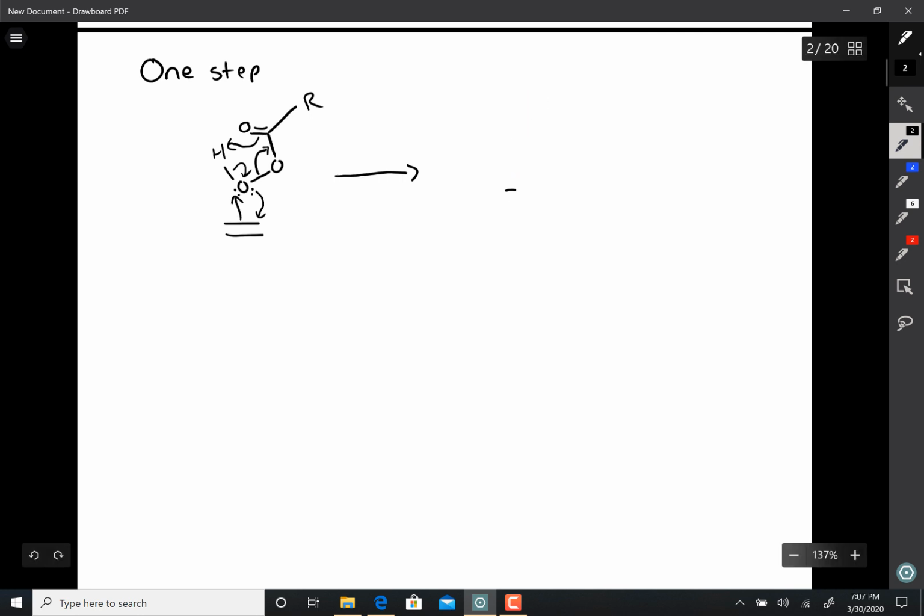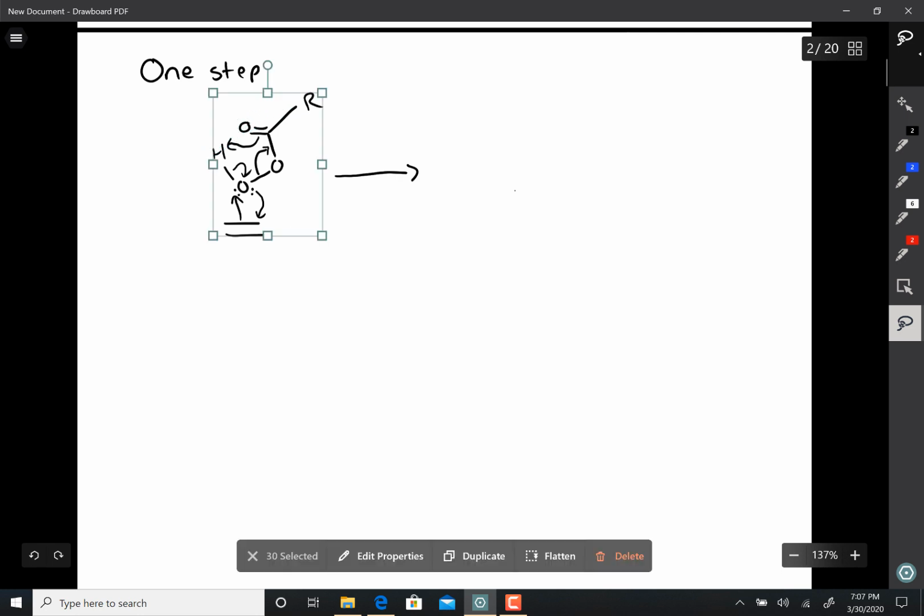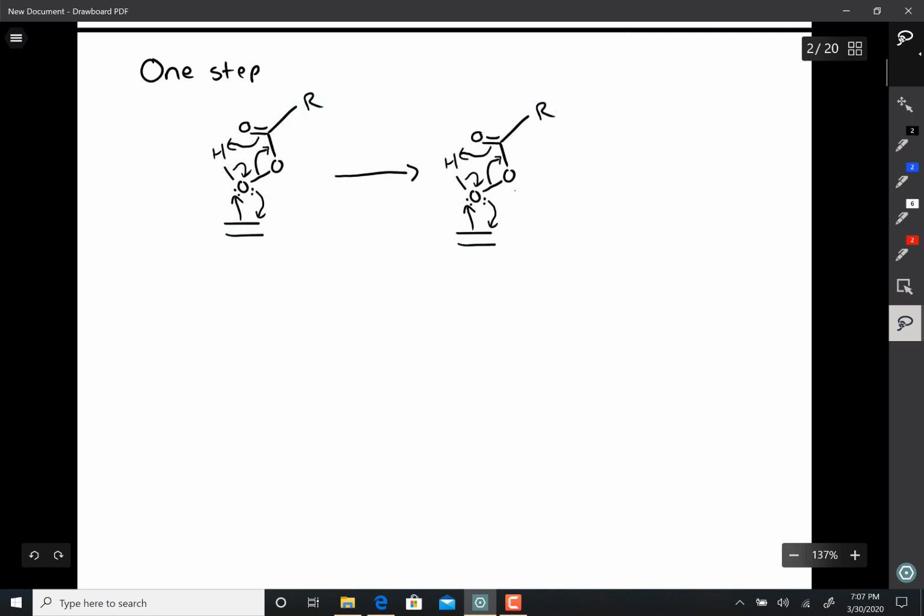In fact, let's try this. Go ahead and copy that, and go through what the arrows are showing. Okay, the pi bond goes to that hydrogen right there. What that means is you're breaking the pi bond and creating a new oxygen-hydrogen bond. The bond from the oxygen-hydrogen is going on to that oxygen. So that means you're breaking the OH bond and you're putting a new lone pair on the oxygen. This lone pair here is going to this carbon.